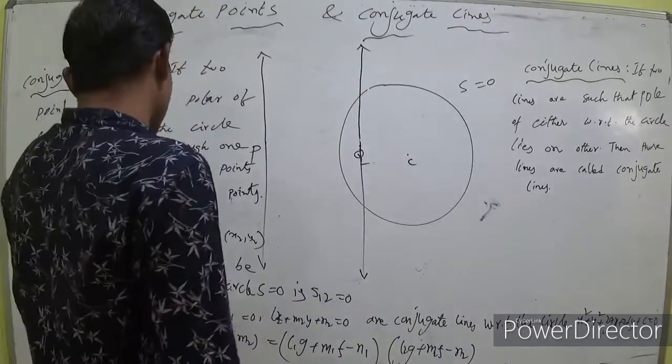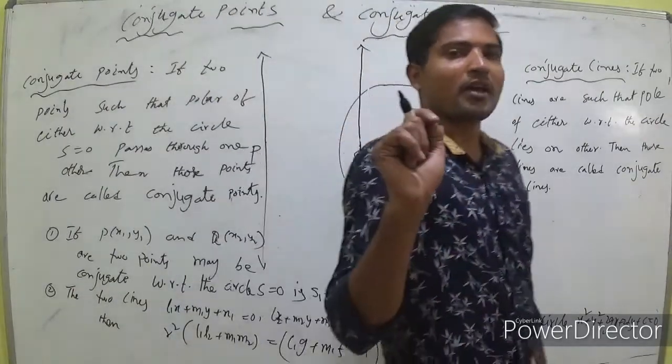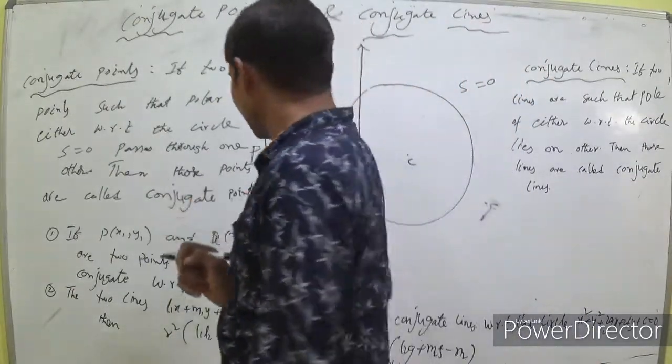This is the condition when two lines become conjugate lines.